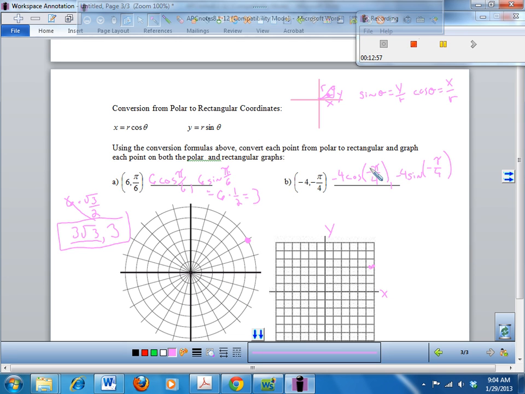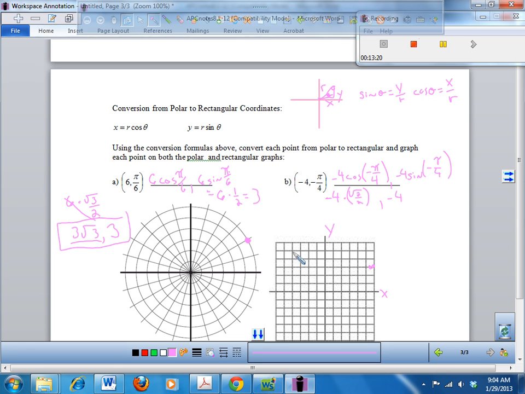So is that positive or negative? Over here, is x positive or negative? Positive. Anyone remember what the cosine of pi over 4 is? Root 2 over 2. Okay? And this is negative 4.